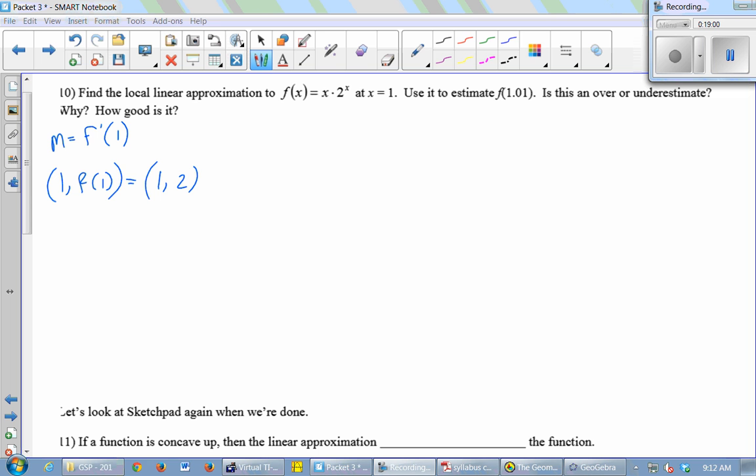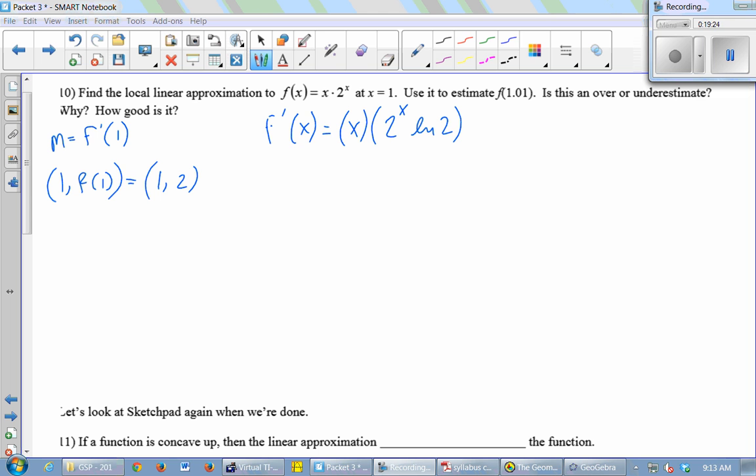Now I need my slope, which I will find by finding f prime of x and then plugging in a 1. So this is a product, x times 2 to the x. So to find the derivative, I need the product rule, which says first times the derivative of the second, and the derivative of 2 to the x is 2 to the x ln 2.